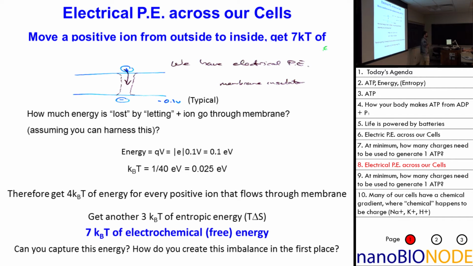One question. I don't know if this is really obvious, but when it says get 7 kBT of free energy, would that be a positive or a negative delta? Well, in general, if you have a positive charge going from here into here, a positive charge is going into less negative, so that then you're getting that energy.